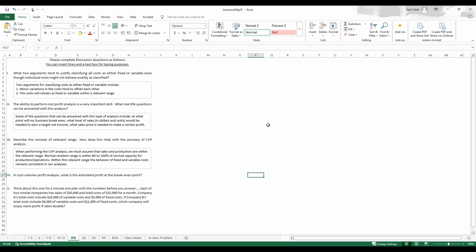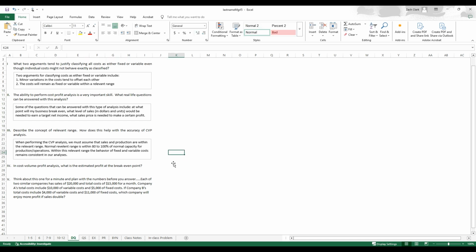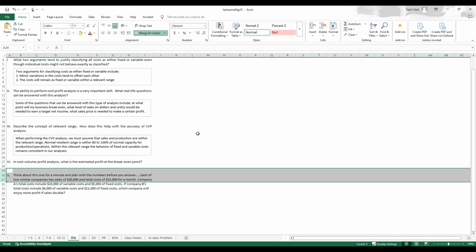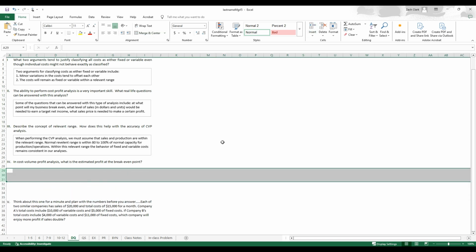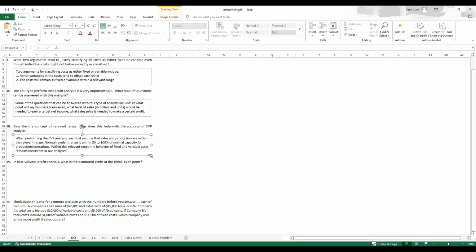So again, if we get beyond that relevant range, we're up beyond 100%, then that's not going to make any sense. We can't remain in operation at that level beyond capacity. That's where we'd have to say, okay, well, our fixed costs now need to increase, and so we have to make some changes, essentially.